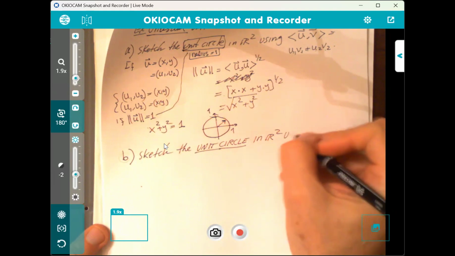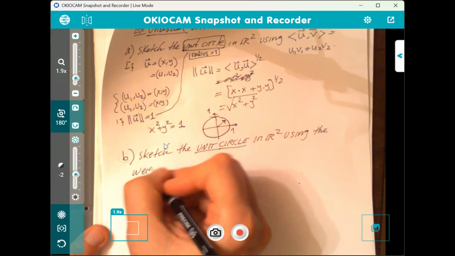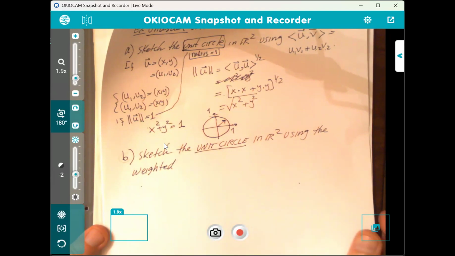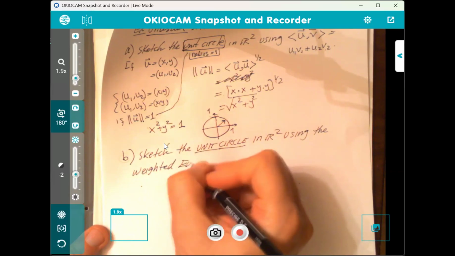And this time, I'm going to use the weighted. Remember earlier he talked about weighted inner products? And I said, keep an eye on that weighted statement for the coefficients, C1, C2, we call them weights. So this is a weighted Euclidean inner product.